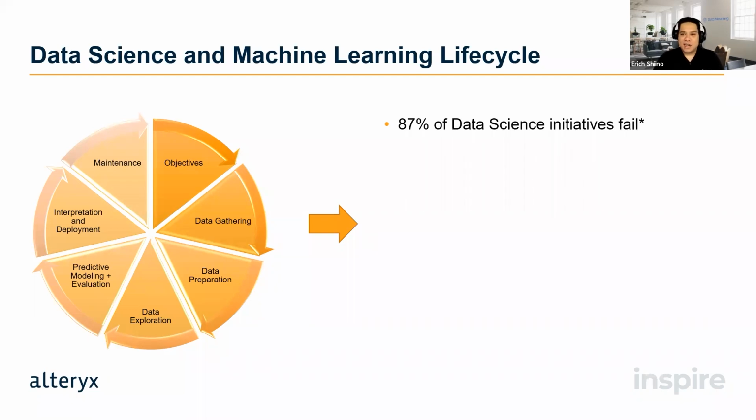And why is that? Why do so many of them fail? We have issues with all these steps here, starting with the objectives. For example, a lot of different projects fail because we don't get the proper issue to cover and solve with the machine learning models.